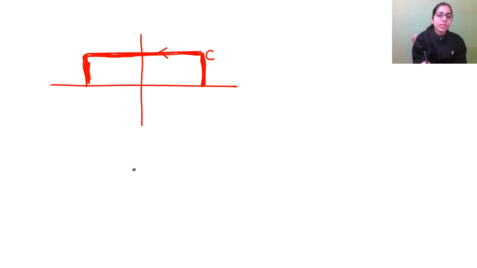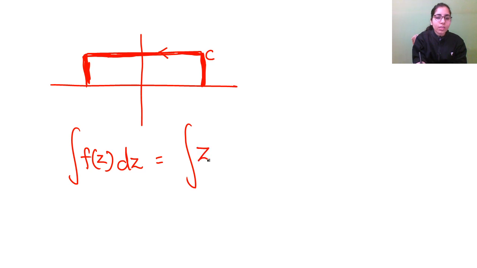Clear? Now the thing is, if we want to solve the integration for any given function f(z) for this particular open contour, most of the time, what is the case? They have provided us either the function z e^z or z^2 e^z.